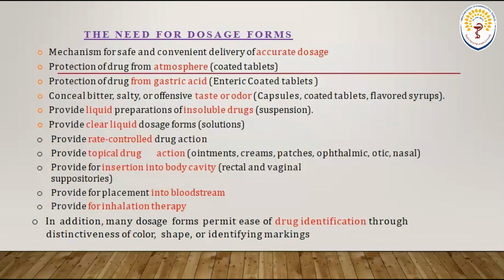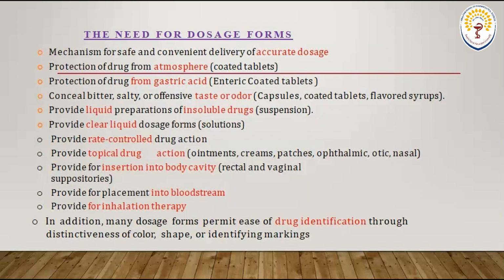So here we can say there are three types of protection which we give to our dosage form. Protection from atmosphere by coating the tablets or by encapsulating into the capsule form. Next is protection from gastric acid.